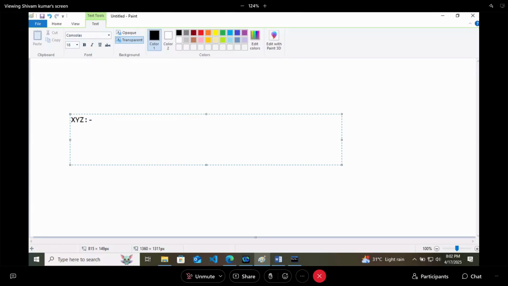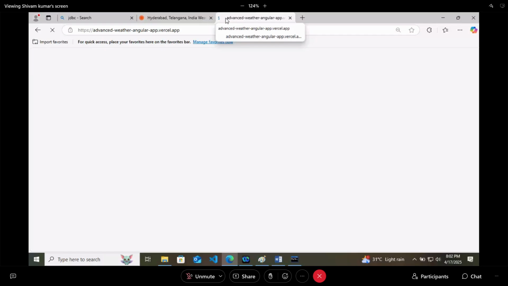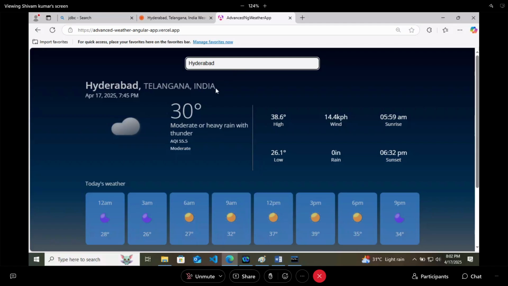Let me show you one weather website as well. And this is my own creation in my classes. Now here I will type the location Hyderabad and we got the temperature of Hyderabad. Now I am telling that the current temperature is 30 degrees Celsius, wind speed is 14.4 kilometers per hour, sunset already done at 6:32 p.m. I am saying that this website is my creation.